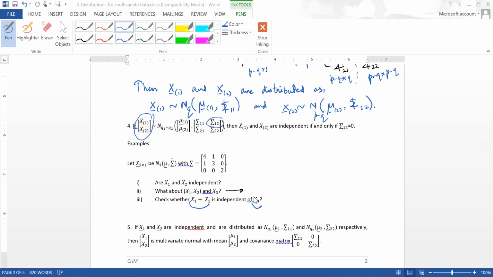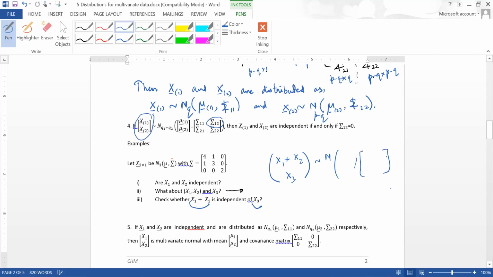Yes, Tarushi, your answer is correct. So we don't have the distribution of x1 plus x2 with x3, right? First we have to find the joint distribution of x1 plus x2 and x3. If we have this joint distribution, then we can check whether those two are independent.